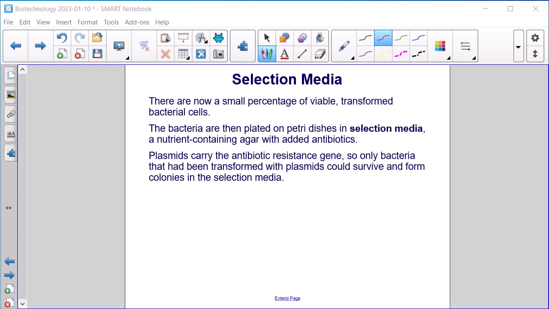At this point, there are now a small percentage of viable transformed bacterial cells. The bacteria are then plated on petri dishes in selection media, a nutrient-containing agar with added antibiotics. Plasmids carry the antibiotic resistance gene, so only bacteria that has been transformed with plasmids could survive and form colonies in the selection media.